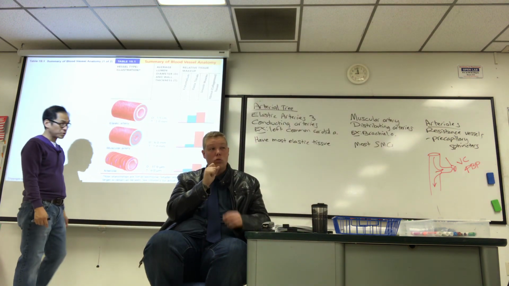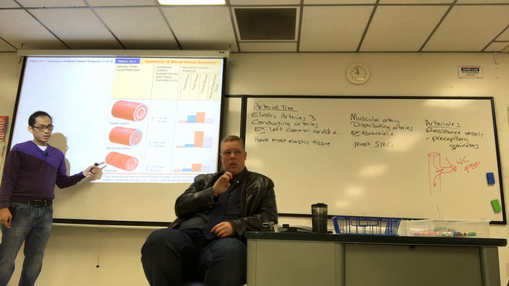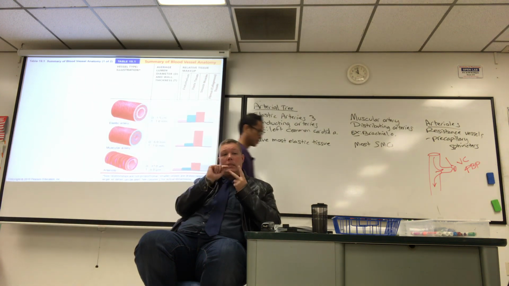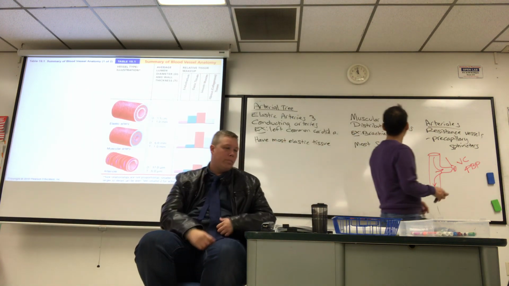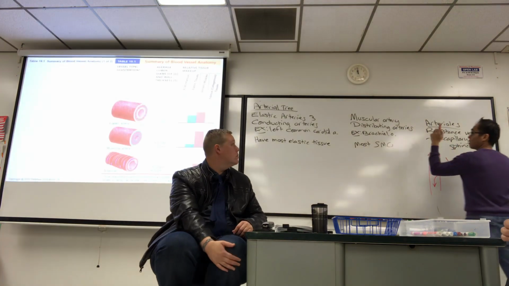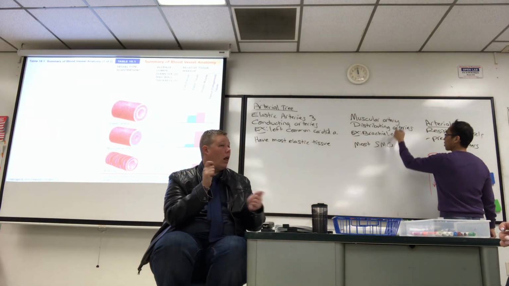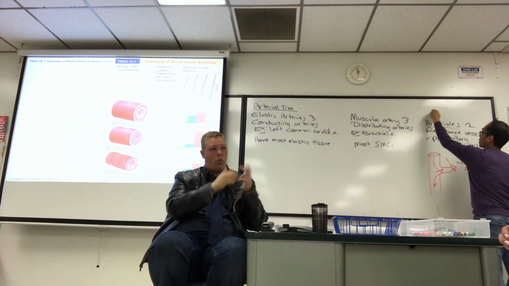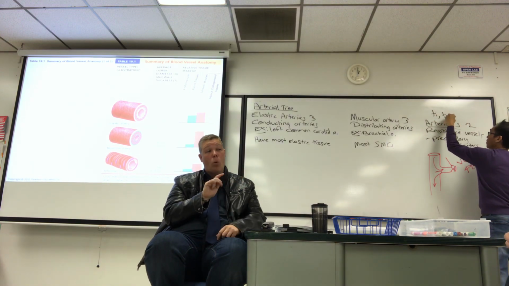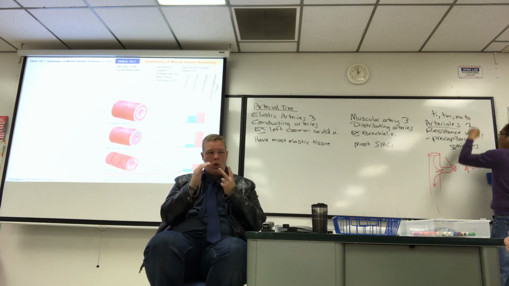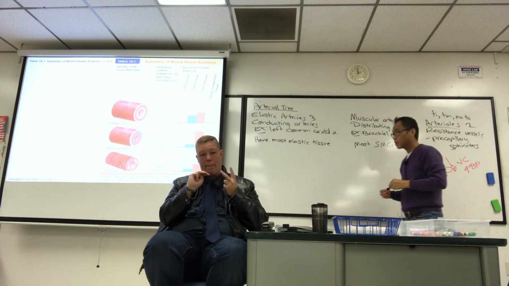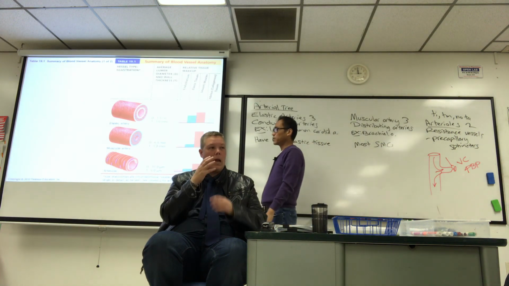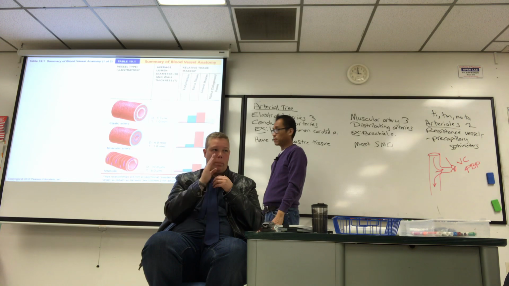In terms of their structure, we're down to 2 layers. TM, TI, no TA. So, elastic arteries and muscular arteries got all 3 layers. Arterioles down to 2. TI, they have a TM, but no tunica adventitia. So, what's the outermost layer for arterioles? Which coat? Which tunic?